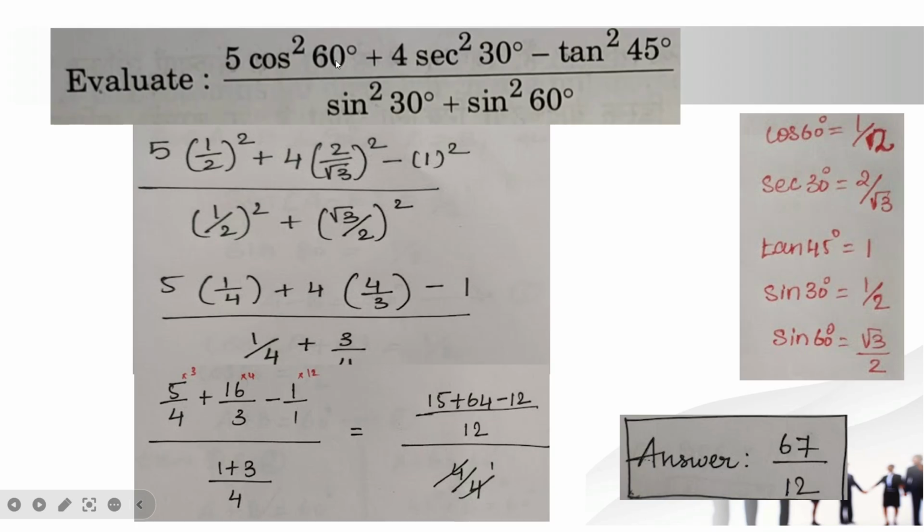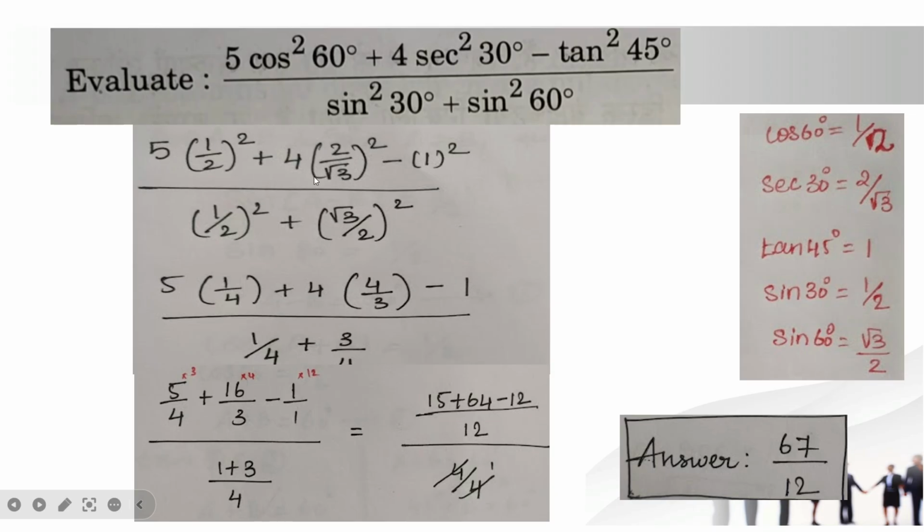Next, look at this question. This question is like the first question which we discussed. You just substitute the values for cos 60, secant 30, tan 45, sin 30, sin 60. You will easily get the answer. So cos 60 is 1 by 2, 5 into 1 by 2 the whole square.